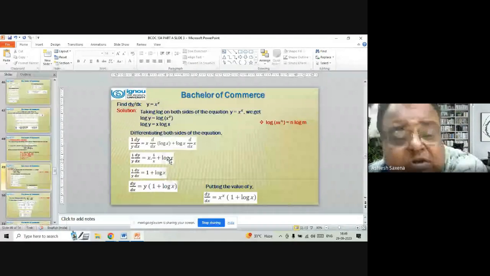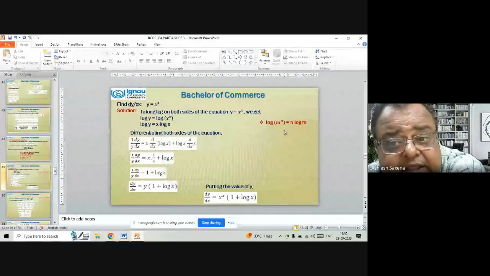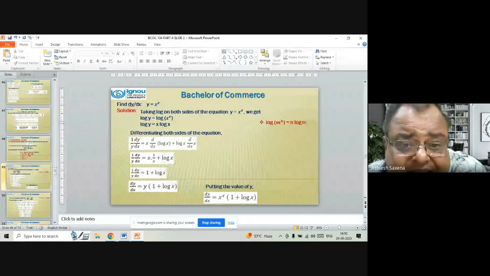Applying log on both sides means log y is equal to log x power x. Using log m raised to the power n, I bring this x over here, multiplying it with log x.